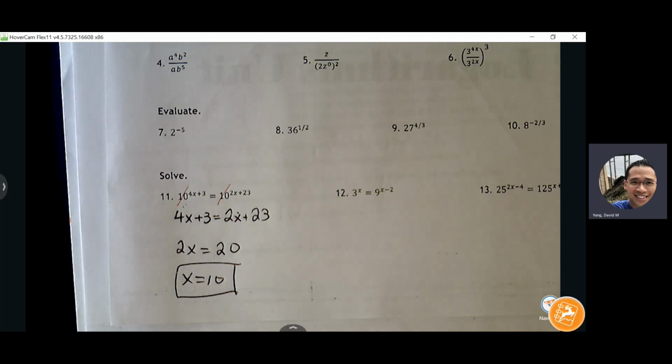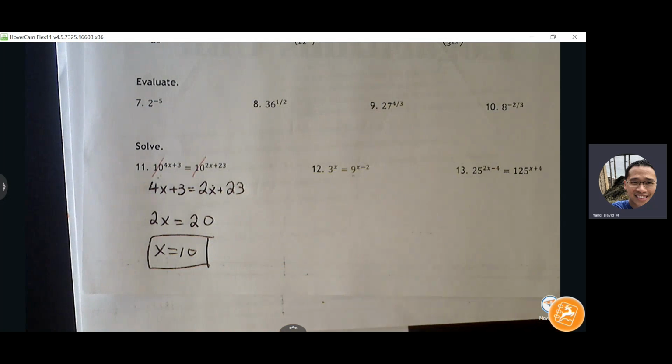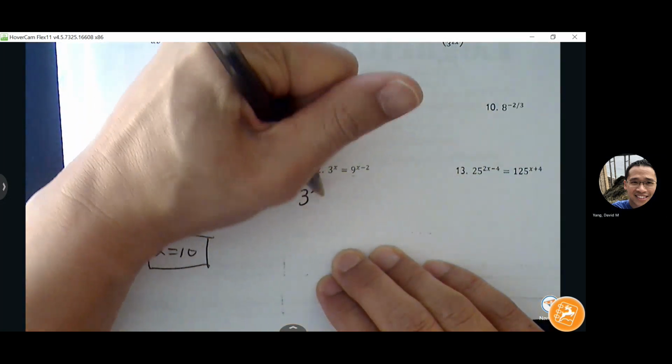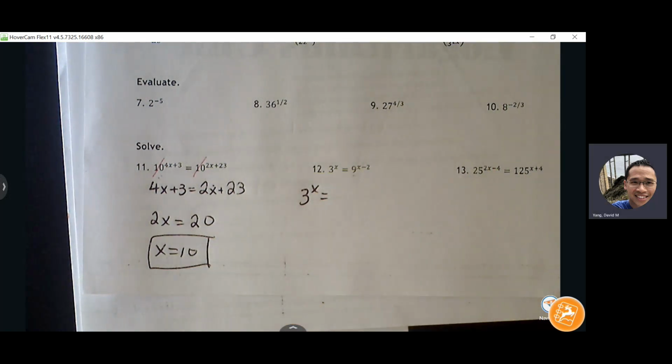Okay, number 12. So we can set the exponents equal to each other if the bases are the same, but they're not quite the same. So the way we can do this is we can take the larger base and force it to be a smaller number. Now 9 can be represented as 3 raised to what power? Second, right?